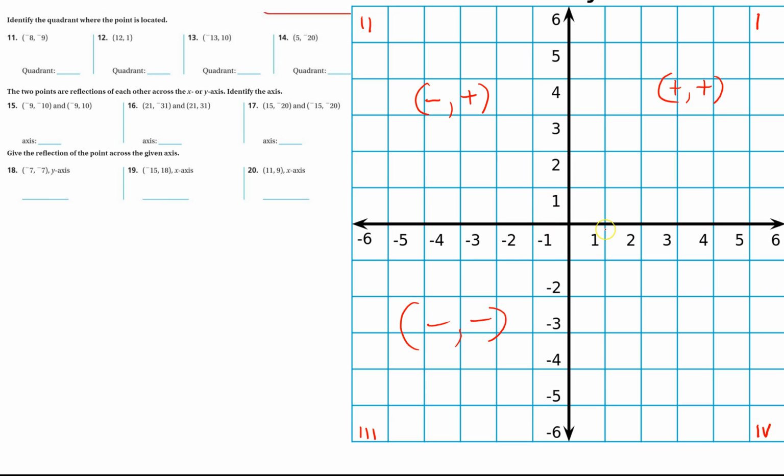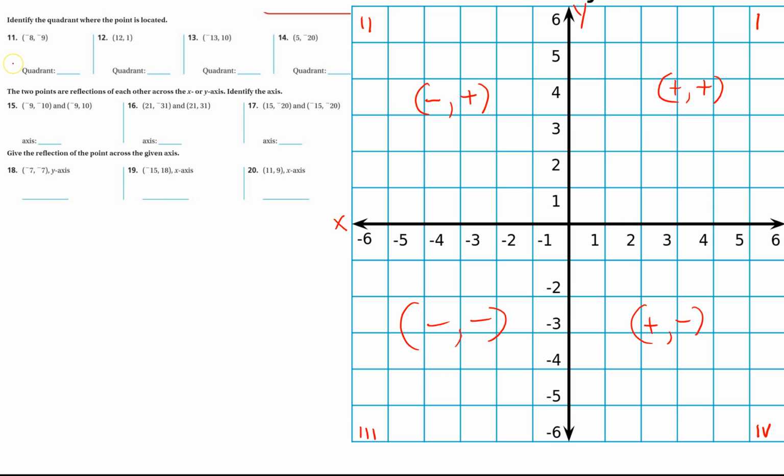And quadrant 4 is positive on the x-axis. Remember, this is the x-axis, y is in the sky. It's going to be positive. We're moving to the right on the x-axis, and then down or negative along the y-axis.